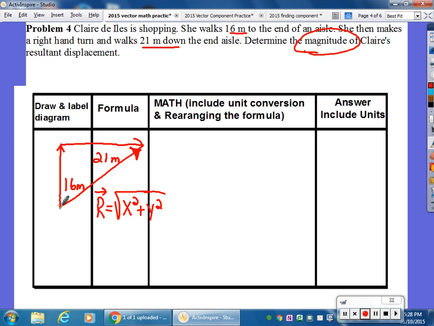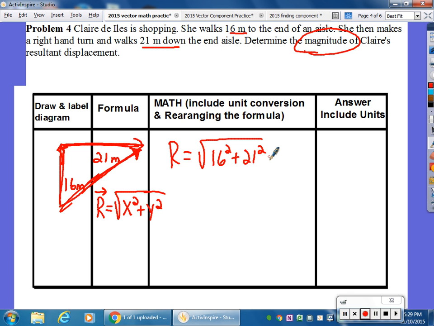and here's the hypotenuse, here's your x, there's your y, so these are the components basically of this hypotenuse, and so your x and y are going to be your 16 and 21. So to solve that, it's just going to be 16 squared plus 21 squared, and that's going to give you the magnitude of the resultant vector here.